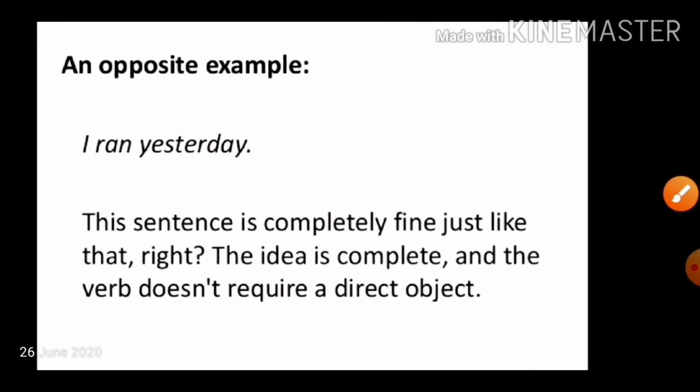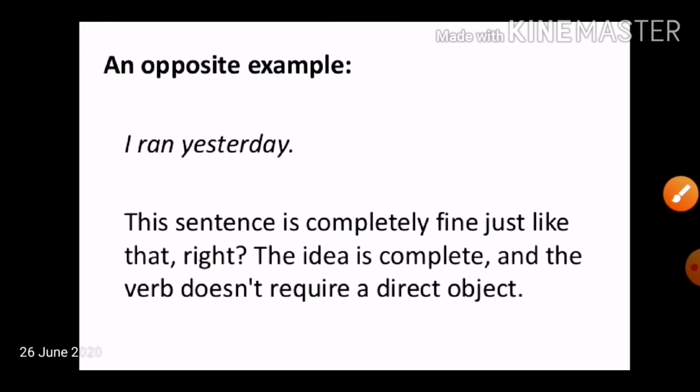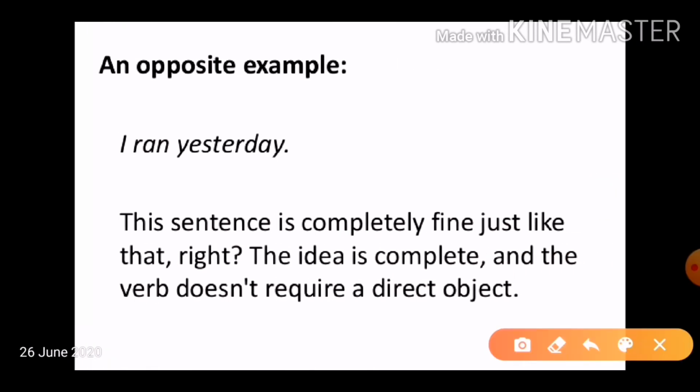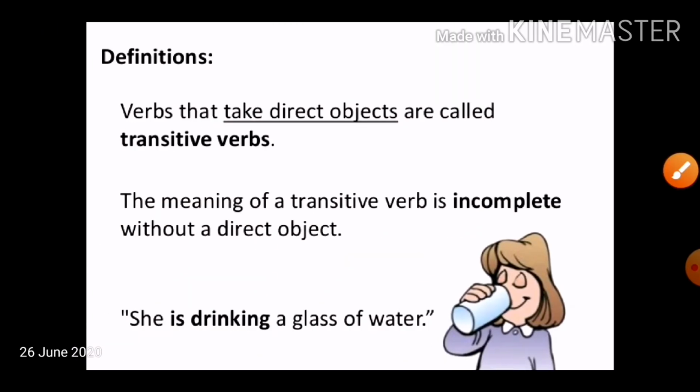But in this case, the sentence I ran yesterday is complete in itself. You need not put any object here. The sentence is fine just like that. The idea is complete and the verb doesn't require a direct object. So here for the verb we don't have to find or add any direct object. Okay, so let's go further.